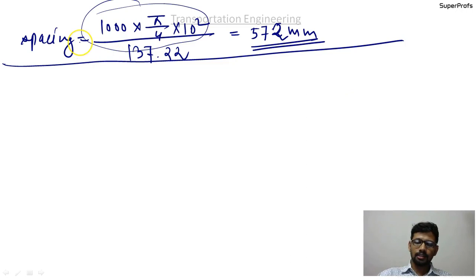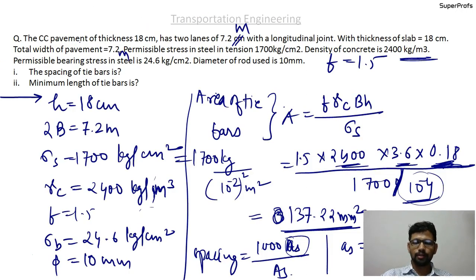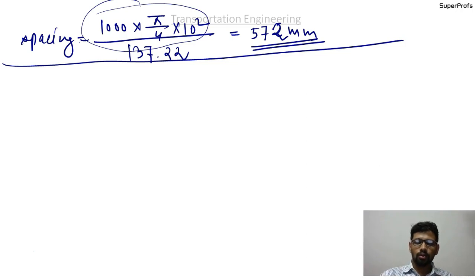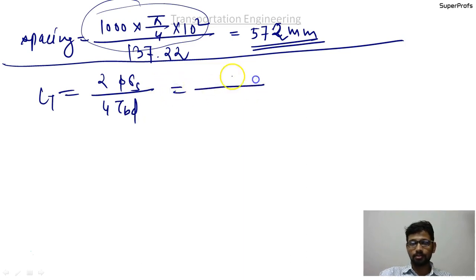The next question is the minimum length of tie bars. As of now, let's discuss the minimum length of tie bars directly as a formula. It is given by 2 into LT, okay, is given by 2 into pi sigma S upon 4 tau BD. How it comes, I'll be discussing, I already told you.